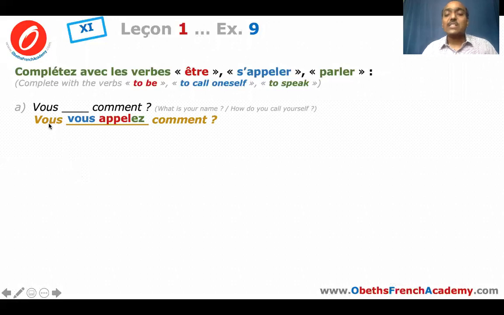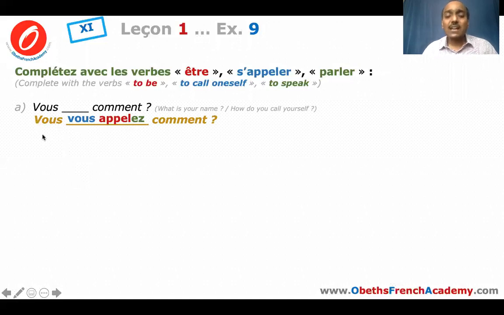So the first vous is your subject pronoun. The second vous, which is in blue color, that is your reflexive pronoun. APPEL, which is in red color, that's your stem. And when the subject is VOUS, your ending, which is in green color, that's your actual ending. For vous, it is EZ.